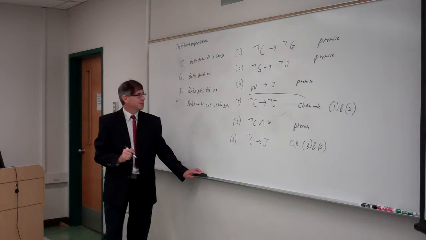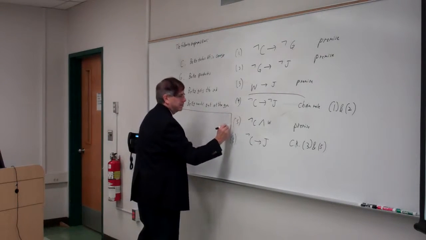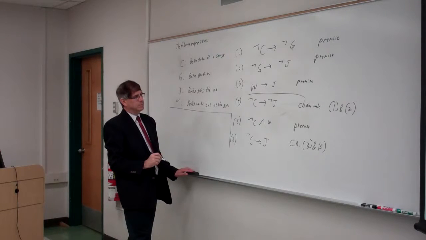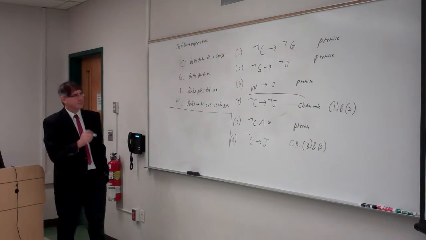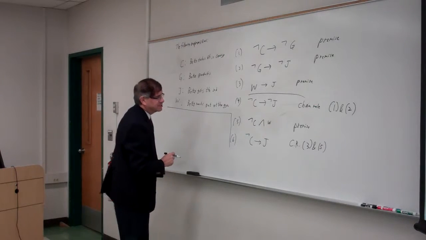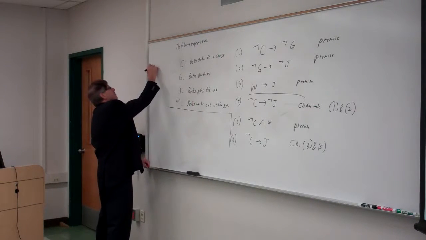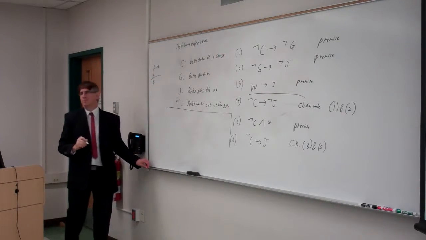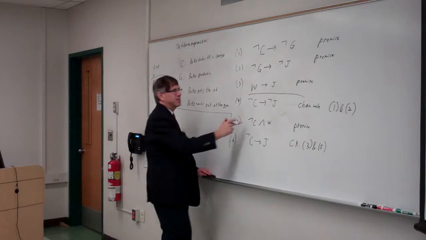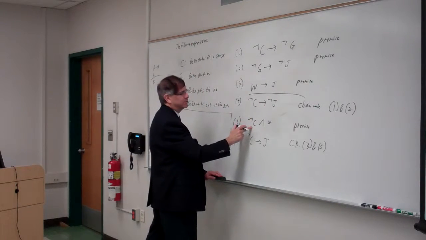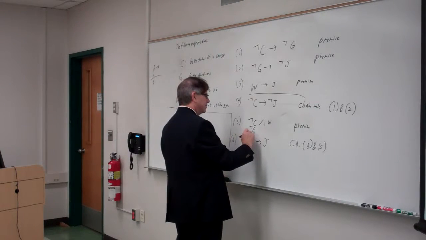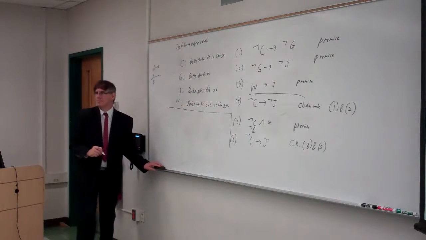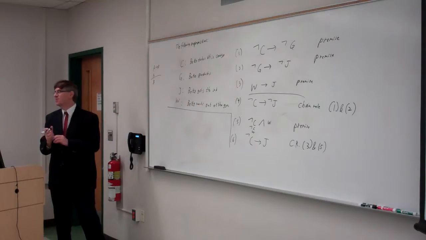And to make that rigorous, that's not J and J, right? To make that rigorous, you have to use something that says if A implies B and A, then B. So not C implies J and not C is true. Well, actually you have to break this down and say not C is true and W is true, because that's what an and does, and I didn't expect people to do this level.